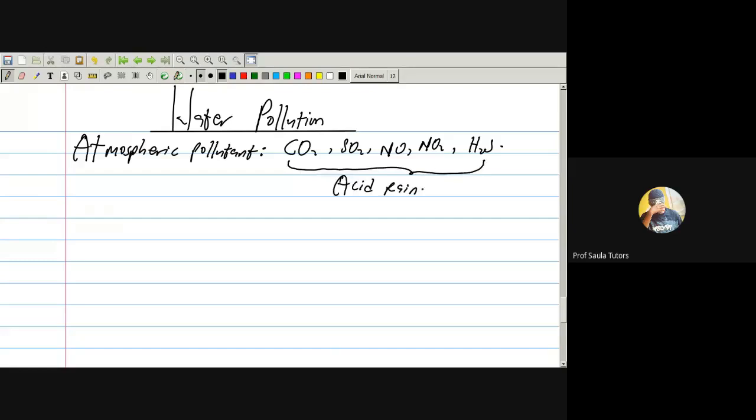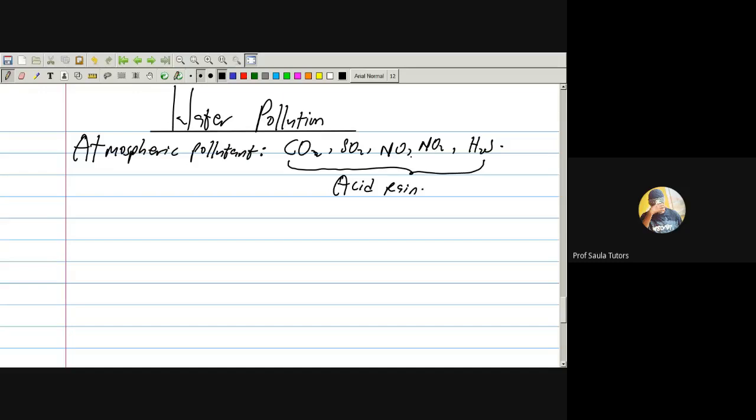Remember that they are dissolved in the air. All of these are acid anhydrides, which produce acid when you dissolve them in water. Imagine they're in the sky and they contaminate the rainwater to give what we call acid rain.